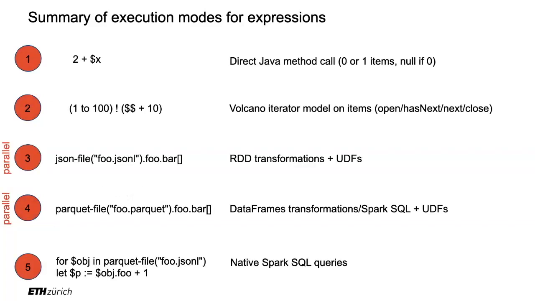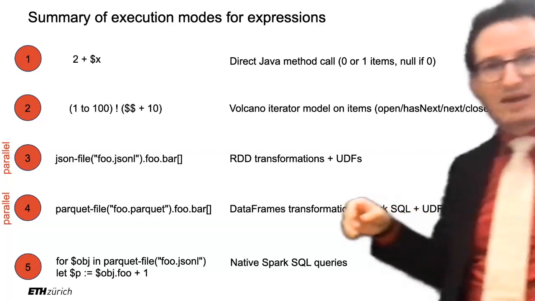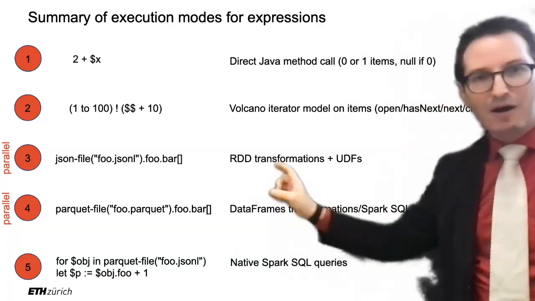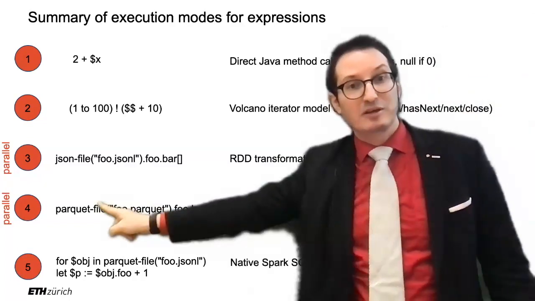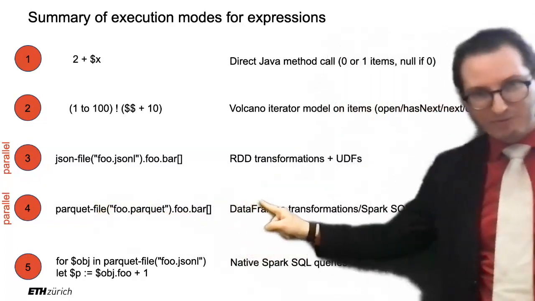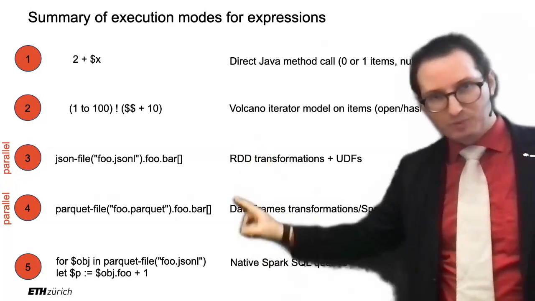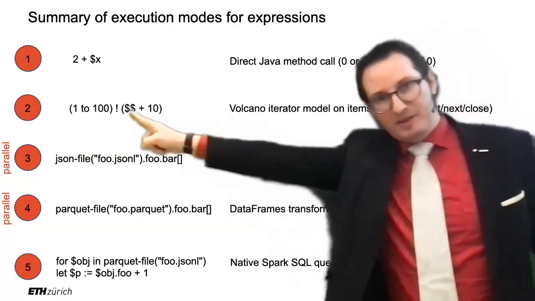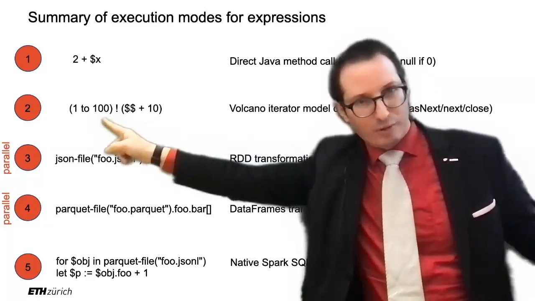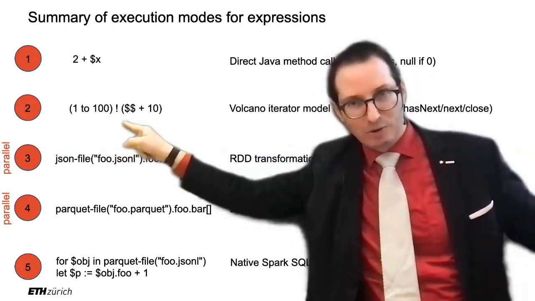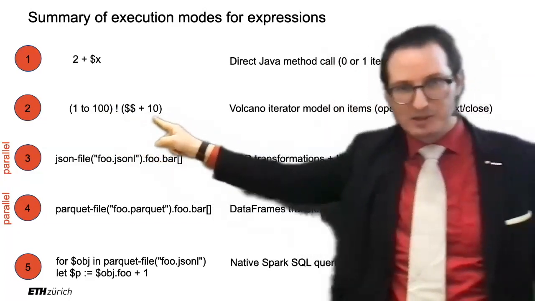Now for the sequence of items, there are several possibilities. So there are the RDD transformations or the data frame transformations. Yes, because if the data is valid, then you use data frames, right? So this is implemented with transformations. This Volcano iterator, it's ridiculously small, so you don't bother with Spark. You just do it literally locally on your CPU.